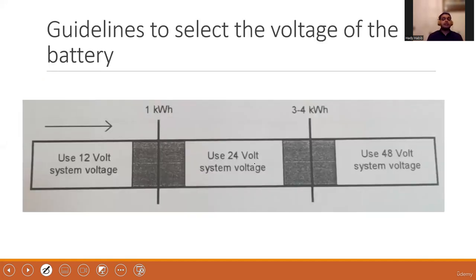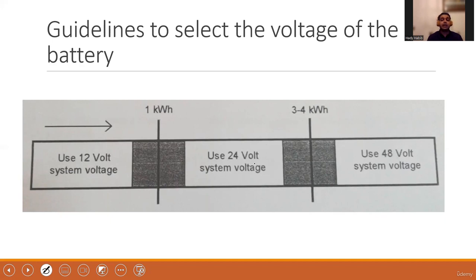Guidelines to select the battery voltage: if you are working in less than 1 kilowatt hour, then you have to use 12 volt system voltage. If you are working below 4 kilowatt hour, you may use 24 volt system voltage.